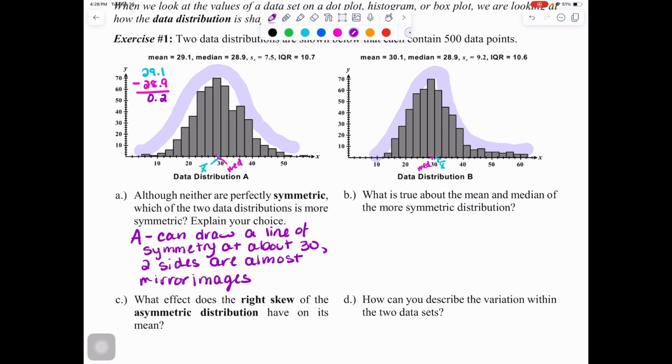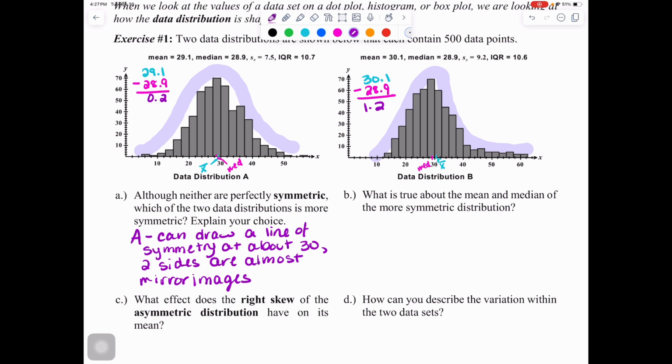They're 0.2 away. That means they're pretty much almost identical. When you do the same thing over here, the mean is 30.1. The median is 28.9. And when you subtract those two values, you get 1.2.